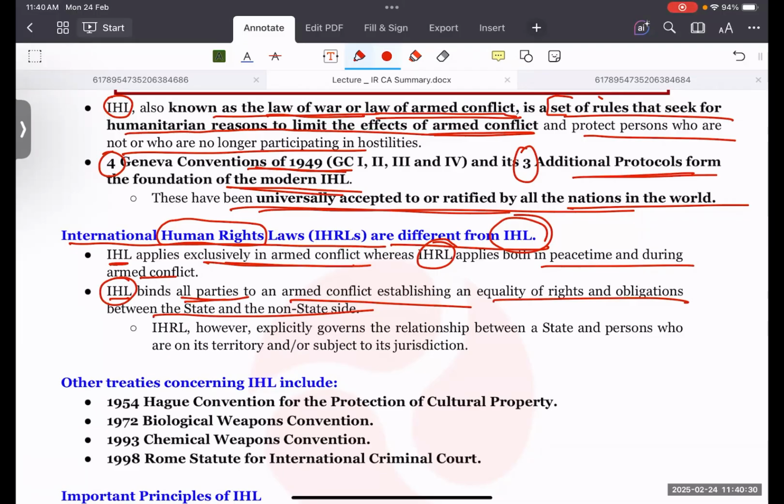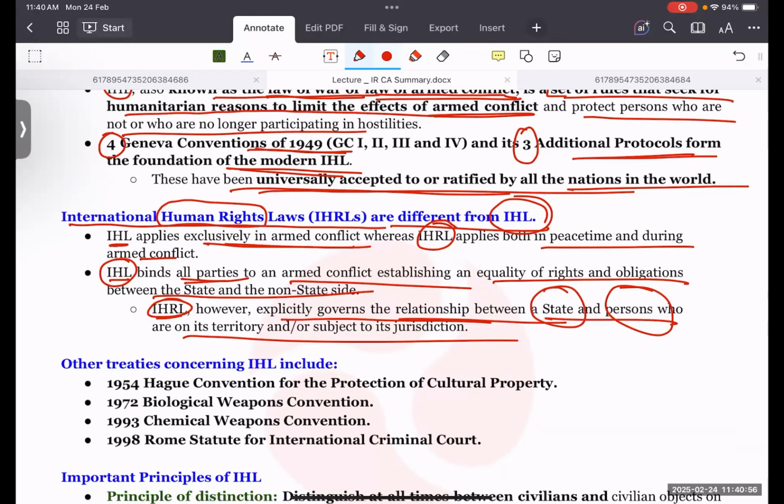But whereas international human rights laws, IHRL, explicitly govern the relationship between a state and the persons who are in its territory or the subjects of its jurisdiction. So only that particular state which is signatory, and the people who are residing in the territory or come under the jurisdiction of this IHRL. These are the two main differences between the IHL and the IHRL.